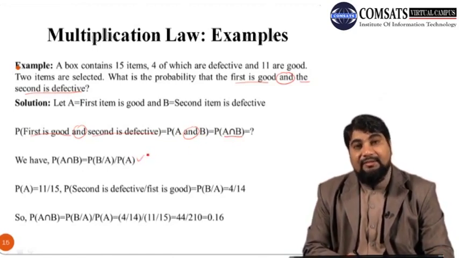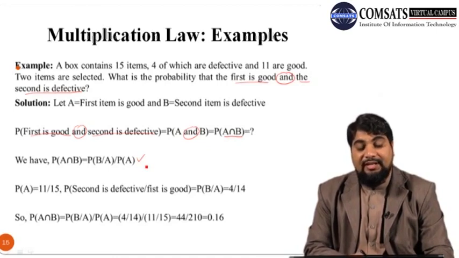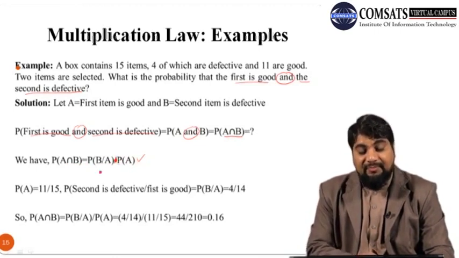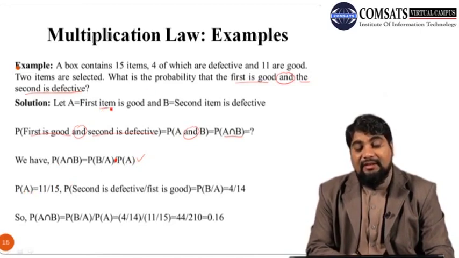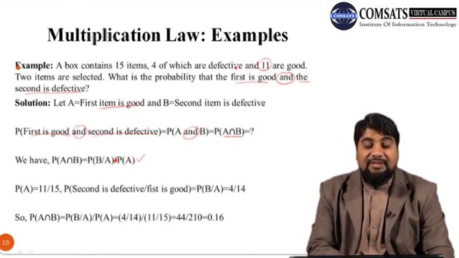So we know that by the rule of multiplication, A intersection B is P of B given A times P of A. So P of A: first item is good. There are 11 items which are good out of 15.